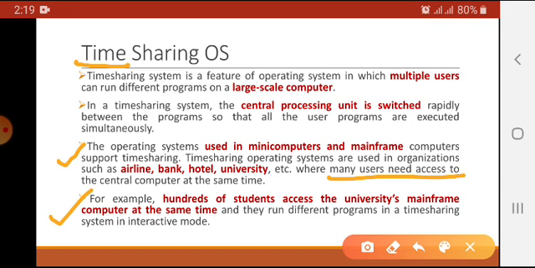In the same way, there can be hundreds and thousands of users at different places who are using the central computer at the bank with the help of their devices connected to the network. So a single CPU is shared between the different processes that are created by the different users at different places.